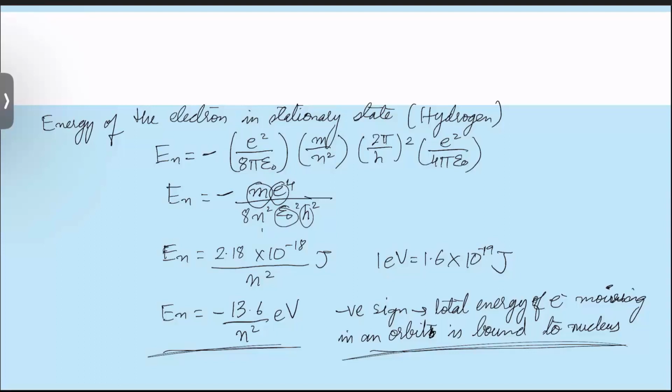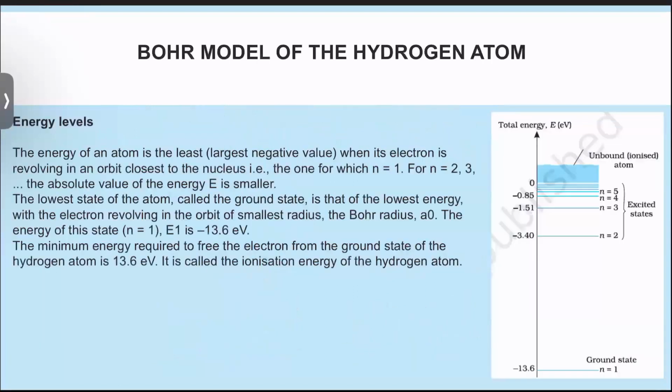Now, Bohr also enhanced the understanding of the atomic model, and he gave us the understanding of orbits and which orbits would be stable. Now we come to the energy levels of the atom. The energy of an atom is said to be the least, or has the largest negative value, when the electron is revolving in an orbit very close to the nucleus.